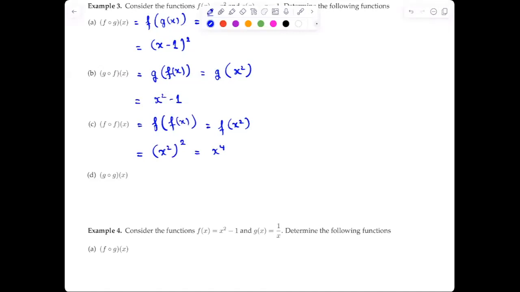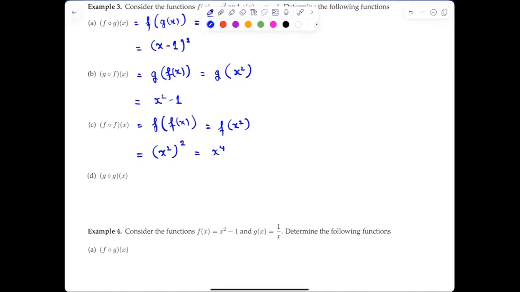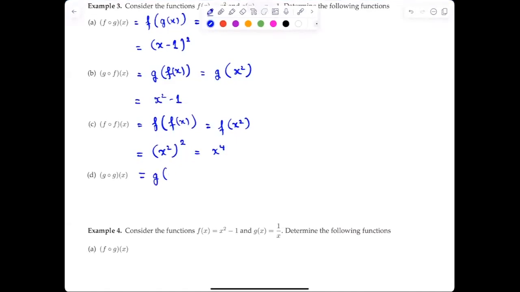Now for D, you have g circle with itself. This gives you g of g of x. And g of x is equal to x minus 1. So you're calculating g of x minus 1. We want to find g of x minus 1, so take out the x and replace that with x minus 1.